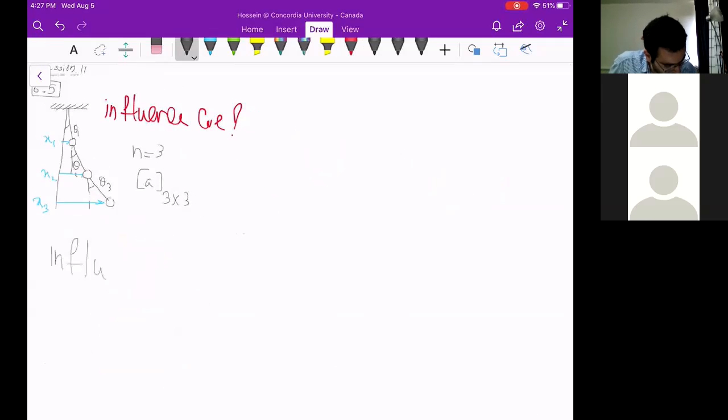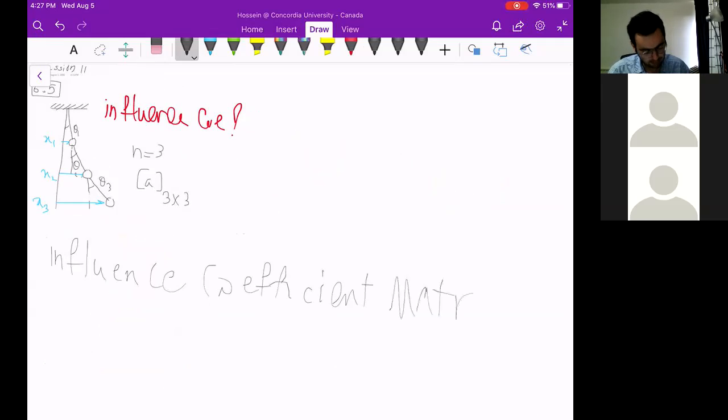Influence coefficient. That means we apply a force to one of the degrees of freedom and we see the displacement in the other. Exactly. Influence coefficient matrix, or it means matrix A.